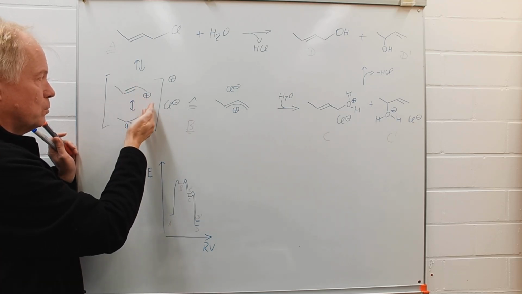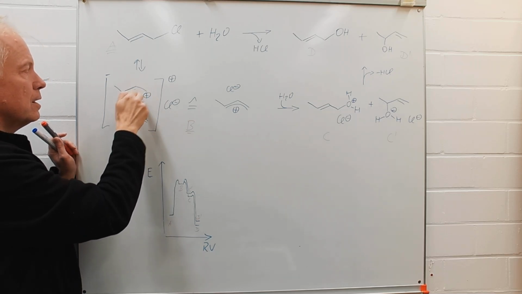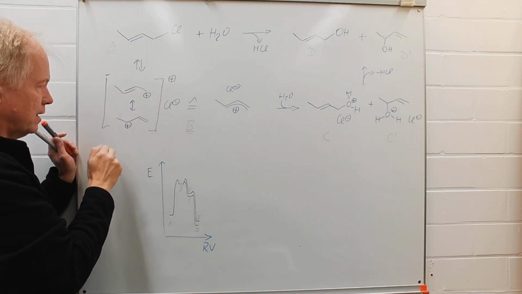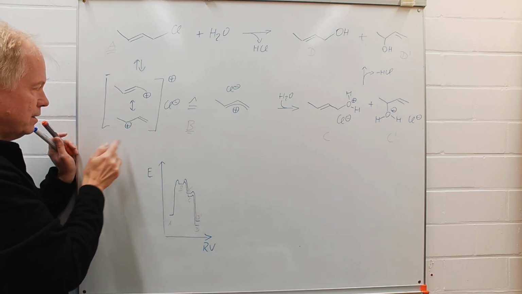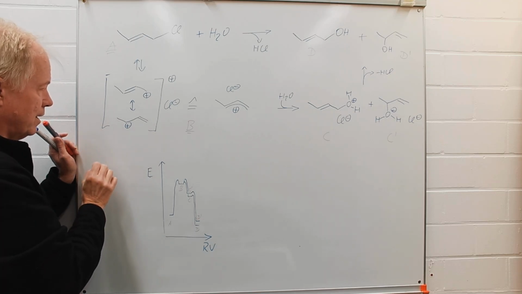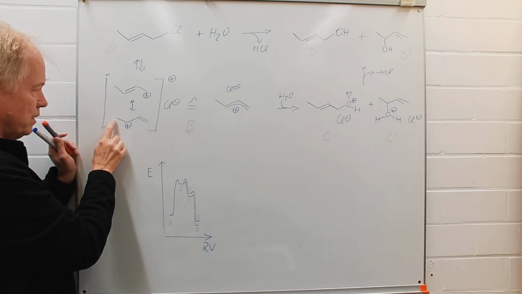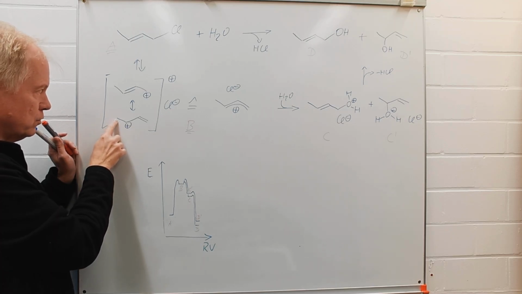We have on the one hand this structure, a primary carbocation, on the other hand the secondary carbocation, which is somewhat better stabilized due to the inductive influence of that CH3 group.